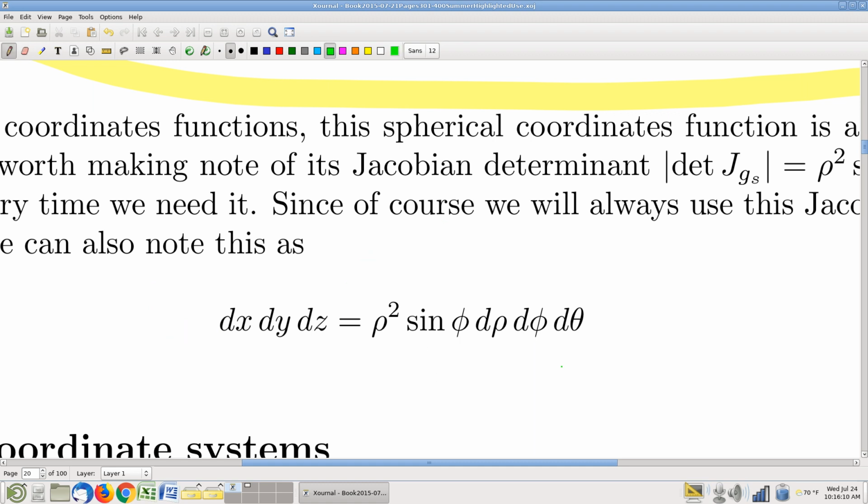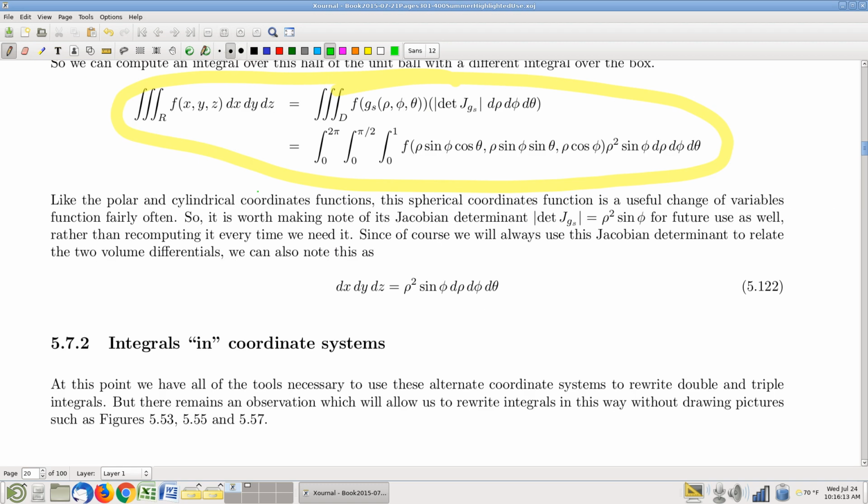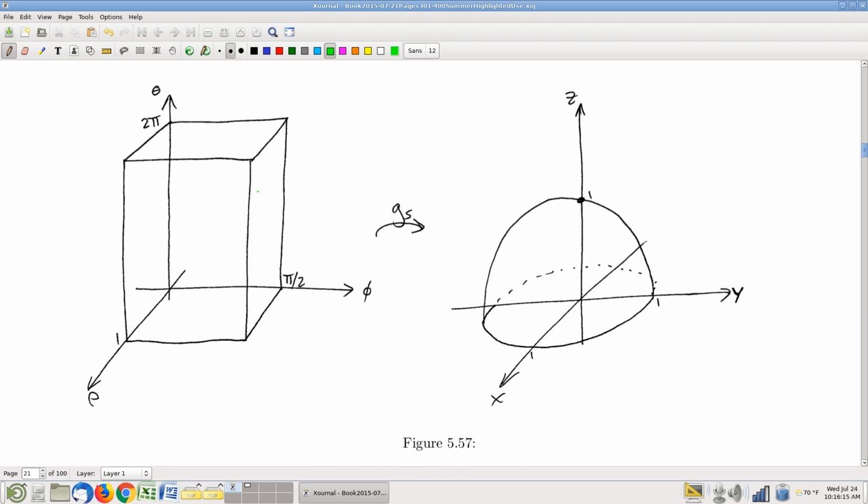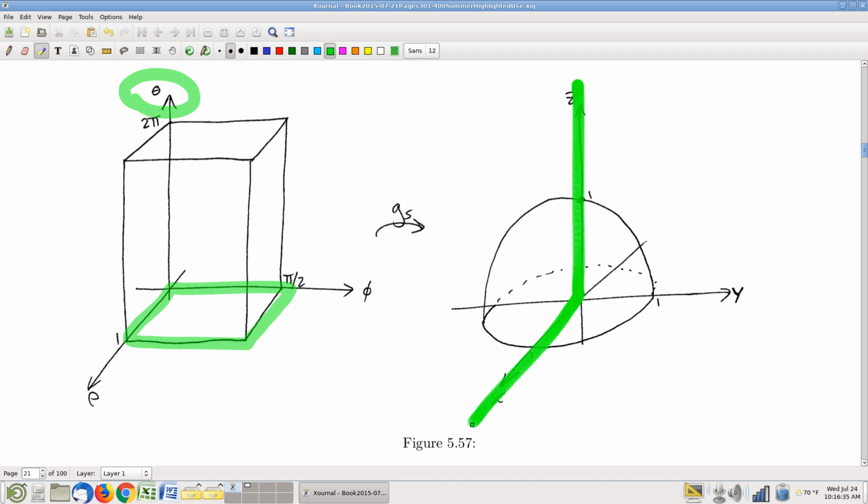Okay. And then let's think about the slicing. I have a picture. Yeah, here we go. Let's look at this slice here and think about, what do these things look like? That's where theta is 0. On that theta equals 0 slice, phi goes from 0 to pi over 2.